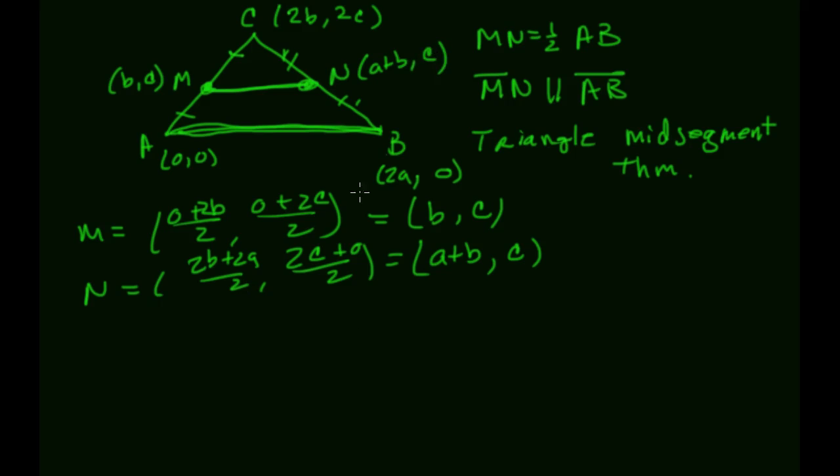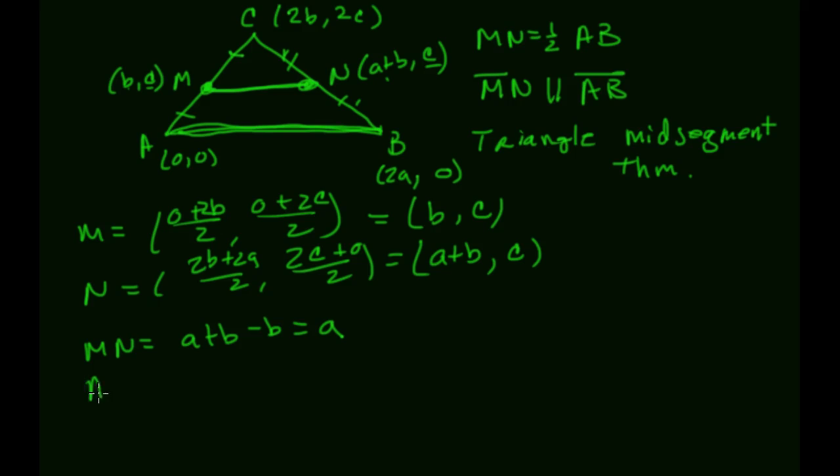All right. So right off the bat, the y value is not changing. It's going from c to c. The x value has gone from b to a plus b. So the distance from M to N should be a plus b minus b, which is just a.